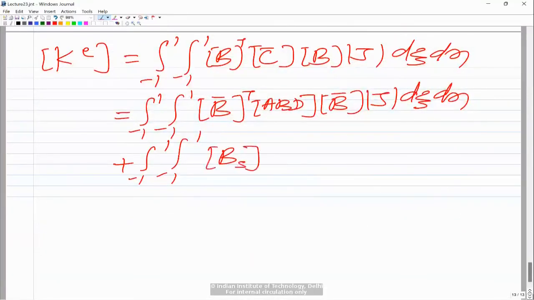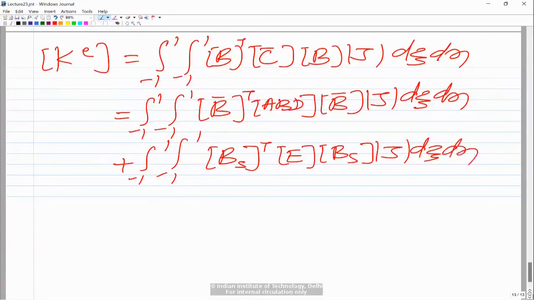So we will have BS transpose, and the last 2 rows and columns of the C bar matrix I am calling E, which comes from the transverse shear strain. So you have this BS and the determinant of J d xi d eta.